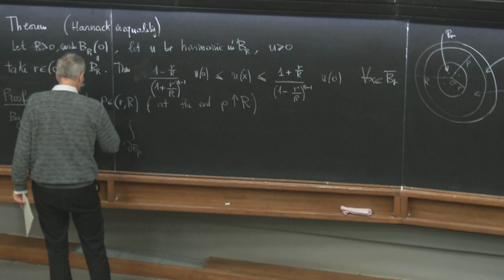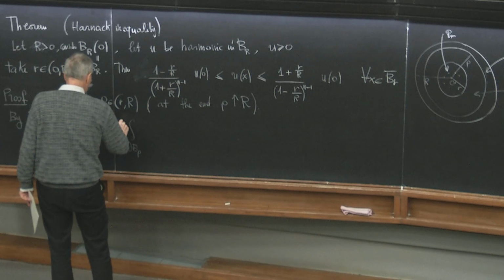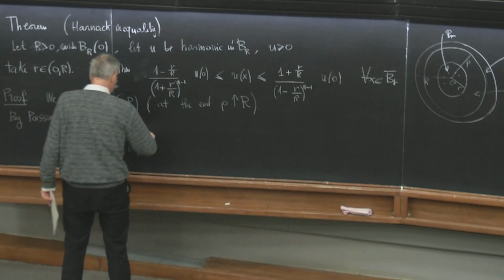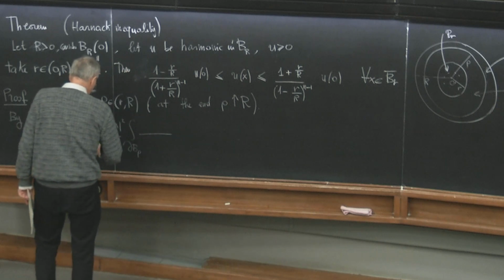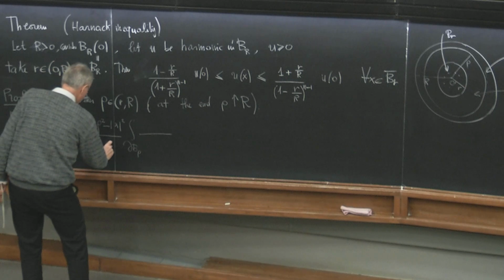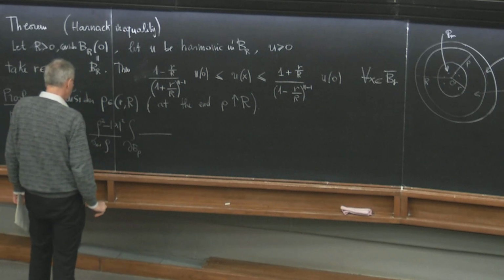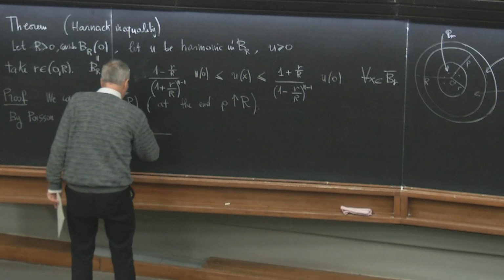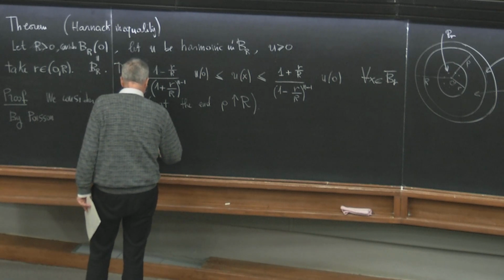So we have rho squared minus |x| squared. Then recall, here we have a constant normalization factor. Here we have just one rho. Here we have |x minus y| to the n.